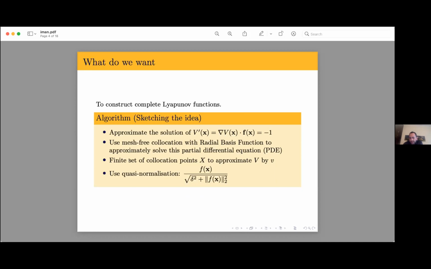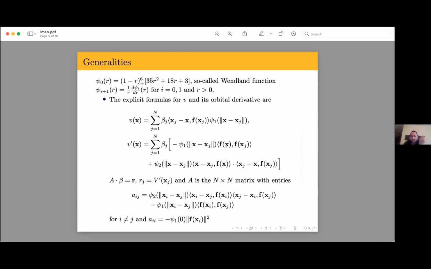And sometimes, optionally, we substitute the original system of x by another system that has the same solution trajectories, but that has the property of having norm 1 or almost 1. That's what we call the quasi-normalization. So this is the idea: we're going to solve the PDE, and we're going to do mesh-free collocation on a finite set of collocation points using quasi-normalization.